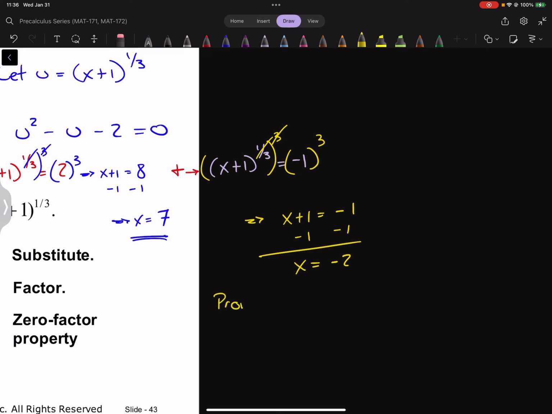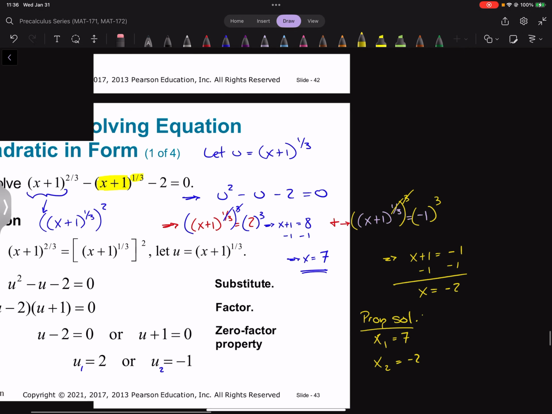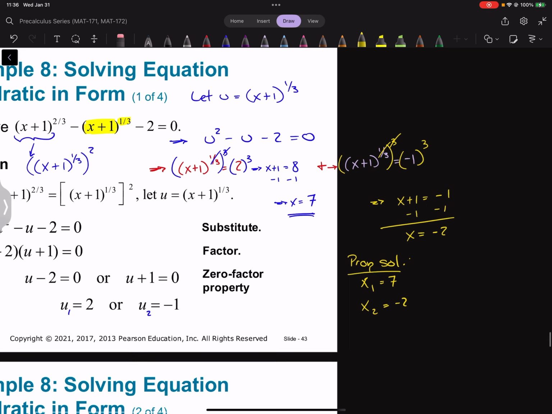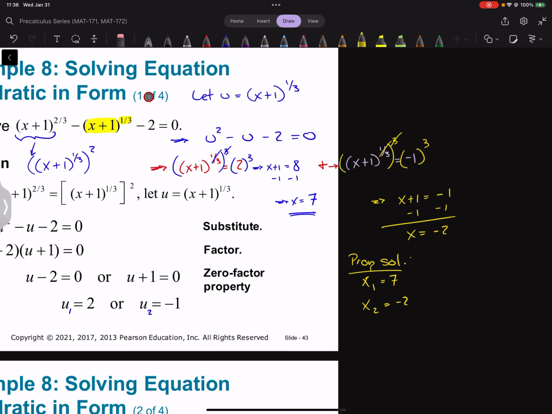Now, you would go and test these two solutions. So you need to test x equals 7, and you need to test x equals negative 2 in the original equation to make sure they make sense. Because these are cube roots, they're going to be more flexible, so I'm not worried about them violating anything, but I am worried about not getting the correct answer.